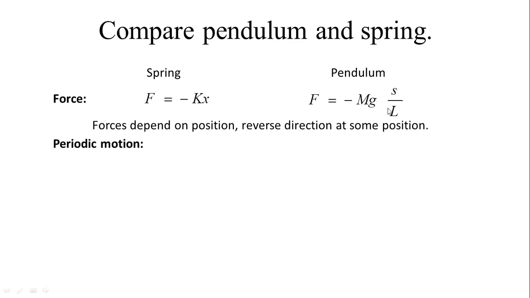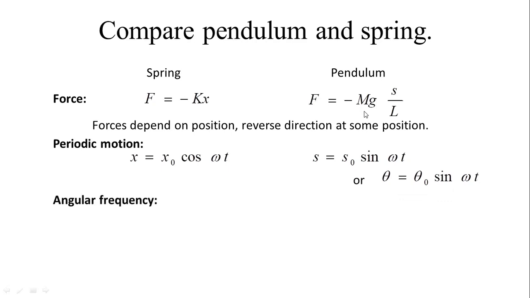In periodic motion, in one case x is equal to x naught cos omega t, and in the other case s is equal to s naught sin omega t. So in a pendulum, theta is equal to theta naught sin omega t.